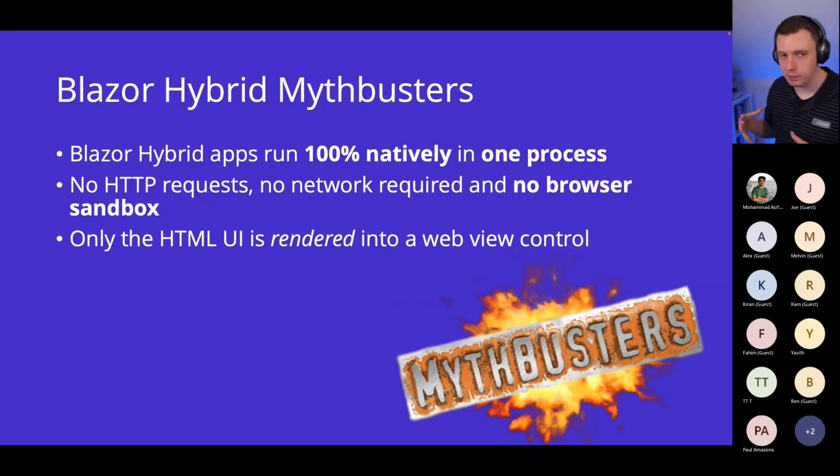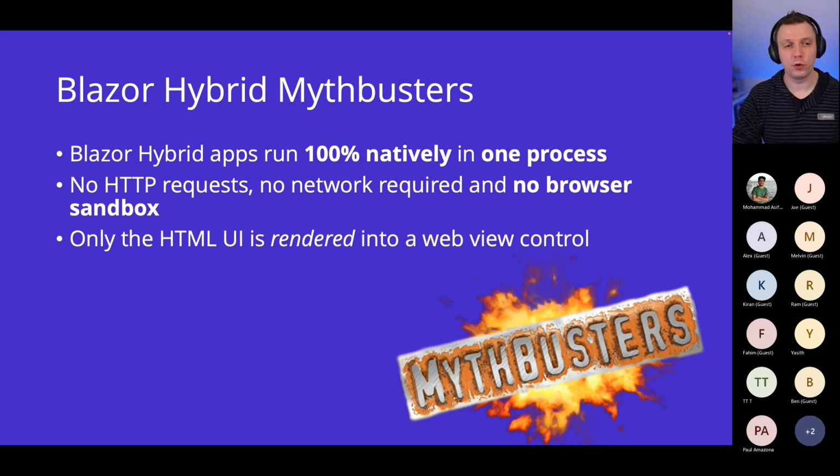So let's do a little Blazor Hybrid Mythbusters here. Maybe I already spoiled some of them. It runs 100% natively in one process. So no web server process, nothing like that. It just runs in one process, like one app. And the only thing, like I mentioned already, that is rendered as web is the HTML. So it will look and feel exactly the same on each platform as maybe on your website, on your web app as well.